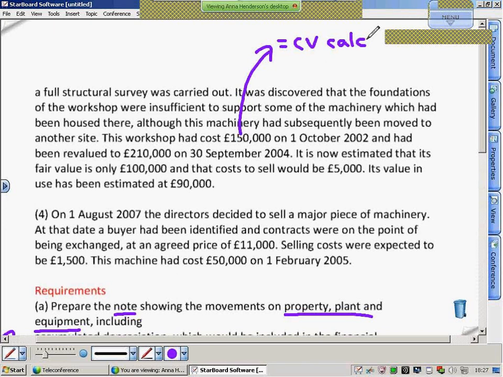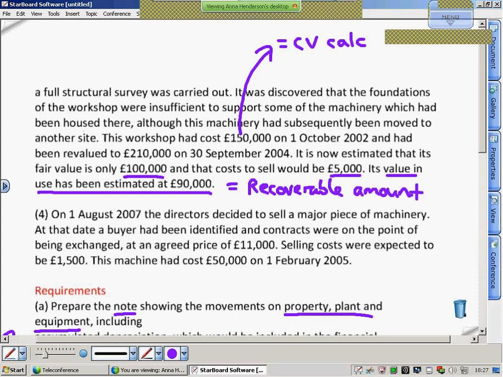It's estimated that the value is 100 grand and the cost of sale would be 5,000, and the value in use has been estimated at 90,000. Okay, so essentially these are all things which are giving us our recoverable amount, and we'll see that coming back. So overall, this paragraph, all impairments, we'll see how we're going to deal with that shortly.